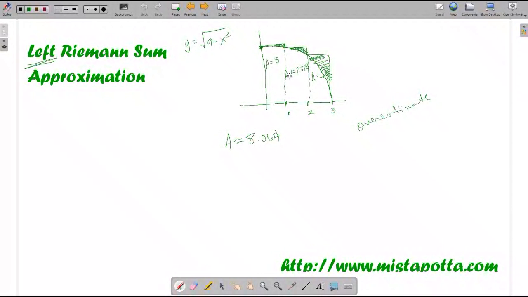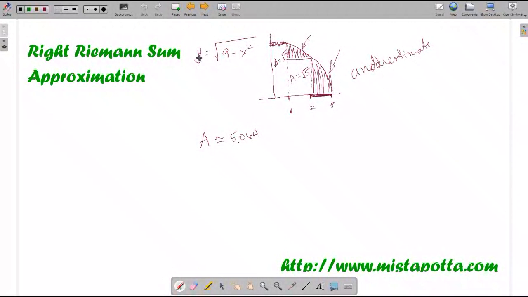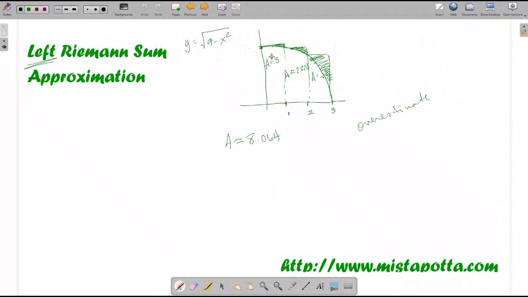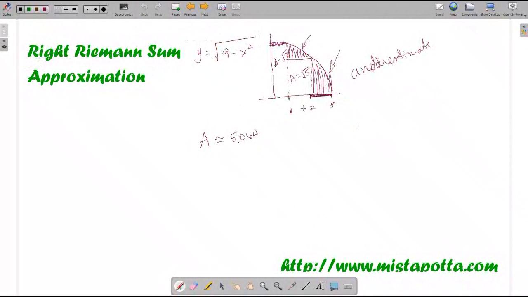Another point that I want to make here is the difference between a left Riemann sum and a right Riemann sum is this left rectangle versus this right rectangle.